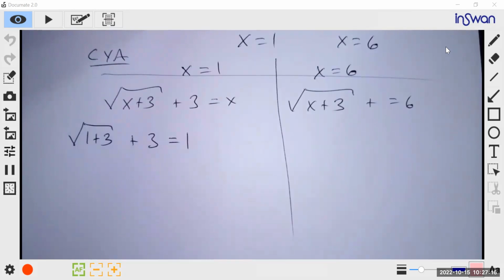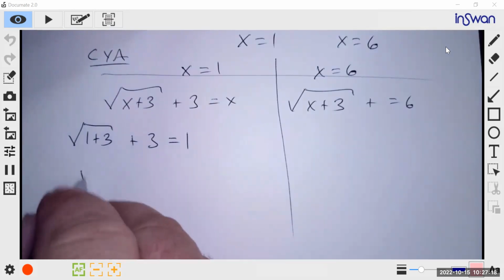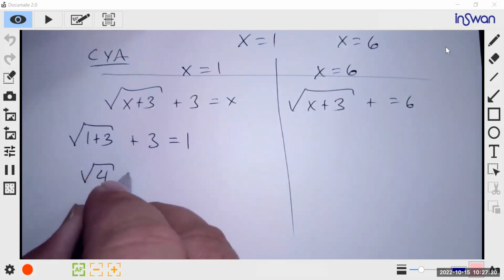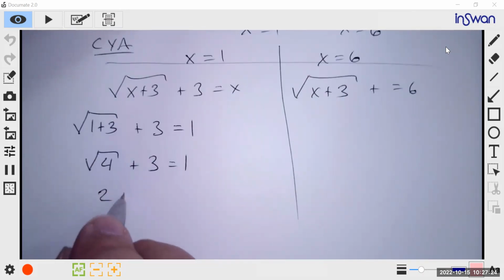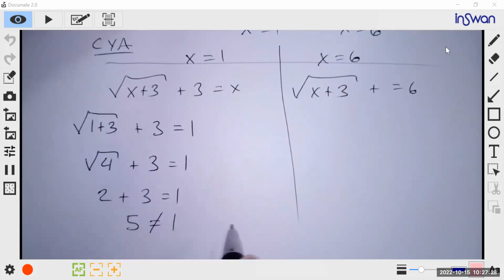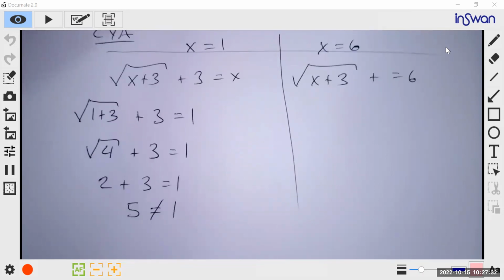Anywhere I see an x, put a 1. So when x is 1, it doesn't work. So that cannot be our solution.